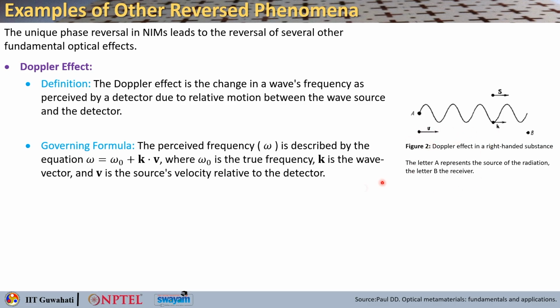In that case, the perceived frequency omega is described by this equation, where omega equals omega naught plus k dot v. Omega naught is the true frequency of the source, k is the wave vector along this direction, and v is the source velocity with respect to the detector.